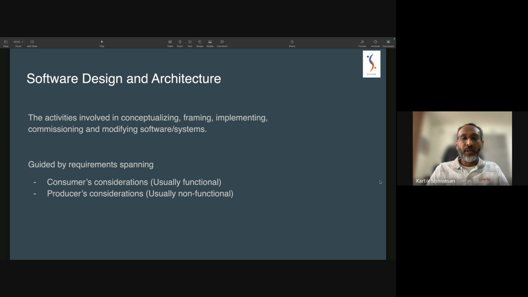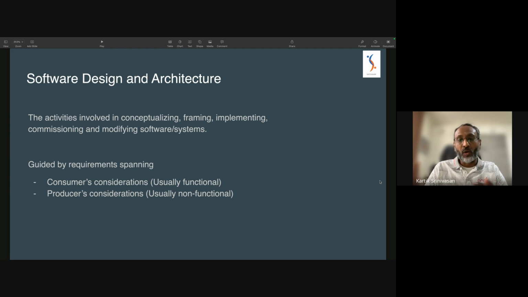And when we talk about the need for software, you have certain product management people, etc., who are giving you requirements, and some of these requirements come directly from the consumer, right? So usually those consumer considerations in requirement specifications are called functional requirements. And then there is the producer who's producing the software. That person has a lot of considerations when he or she is building software as well.